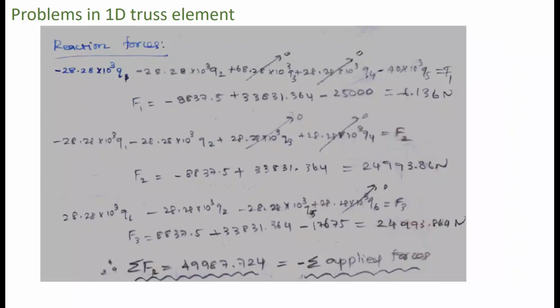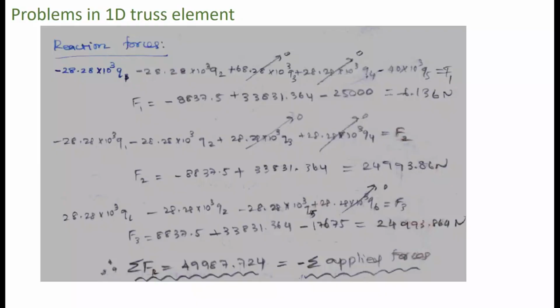Then we want to find the reaction forces, by multiplying the stiffness values with the displacements. So F1 equals minus 28.28 into 10 to the power 3 times the displacement of node 1, minus 28.28 into 10 to the power 3 times Q2, and the displacement of node 2 will be 0, so that is negligible, then minus 40 into 10 to the power 3 times Q5, and Q6 will be 0.